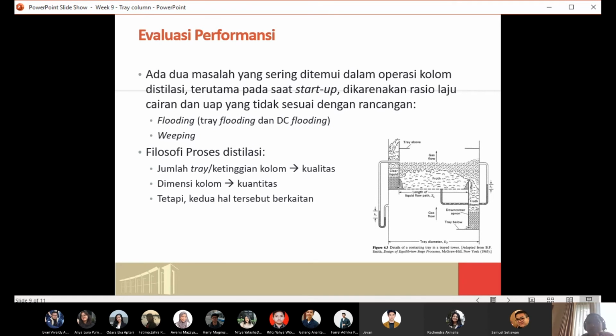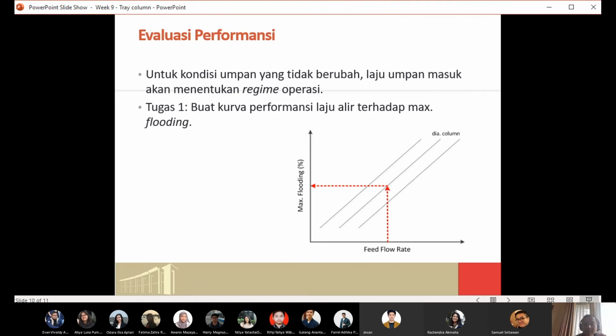Because there is a very small amount of gas in the top of the column, the pressure there will be very low.